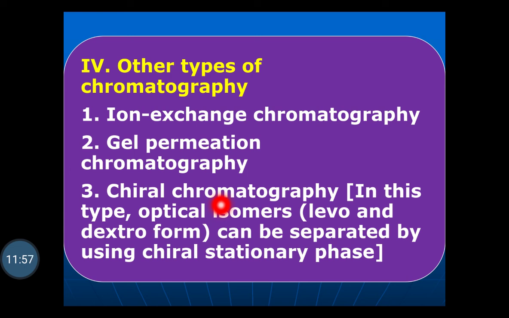In this type, the optical isomers, that is the levo and dextro forms, are separated by using a chiral stationary phase. So this type of chromatography is called chiral chromatography.